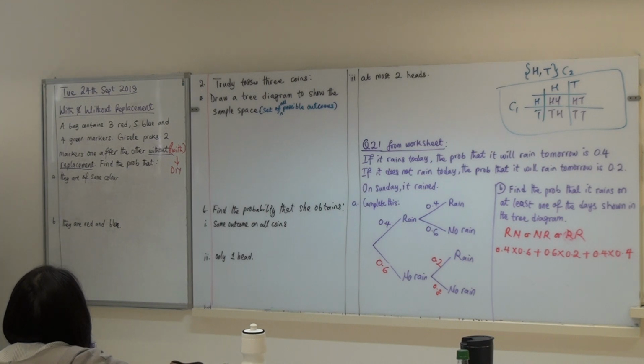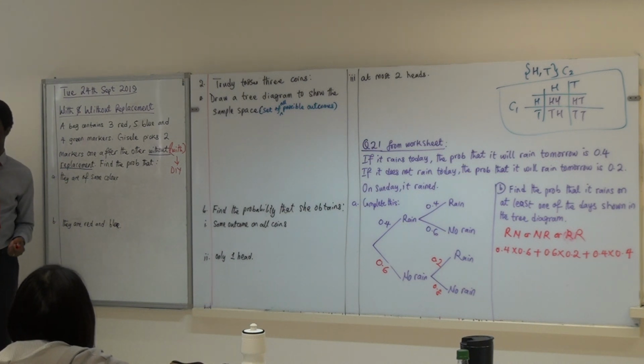The question says, a bag contains 3 red, 5 blue, and 4 green markers. Giselle picks 2 markers, one after the other, without replacement. So the first thing is you want to know how many markers altogether, because that is what the probability is based on, right?